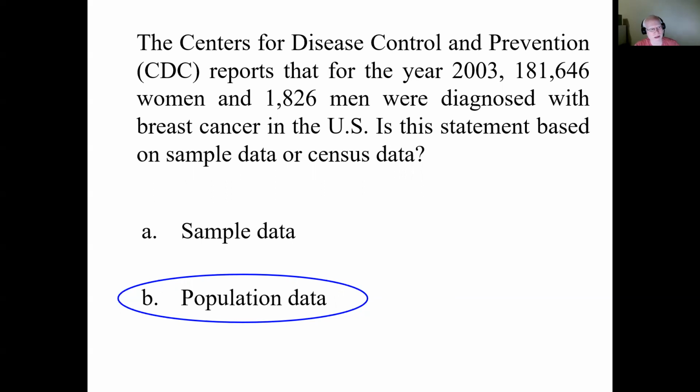They're not taking just some subsection and then extrapolating up, or drawing conclusions from a random sample of hospitals and using those sample statistics to draw conclusions about the population. Here, they're talking to everyone. And so in this case, we're dealing with population data.